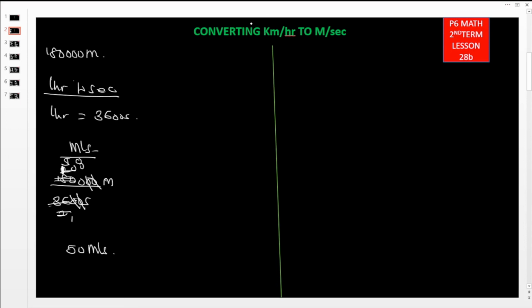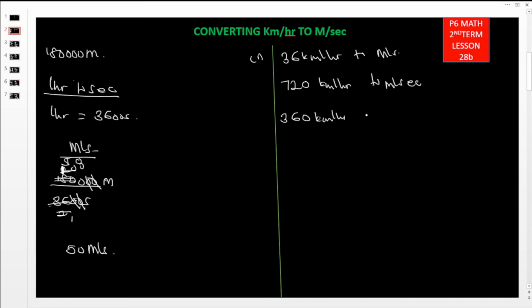Okay, so let us try out the following here. Convert the following: 36 kilometers per hour to meters per second. Then convert 720 kilometers per hour to meters per second. Then convert 360 kilometers per hour to meters per second.